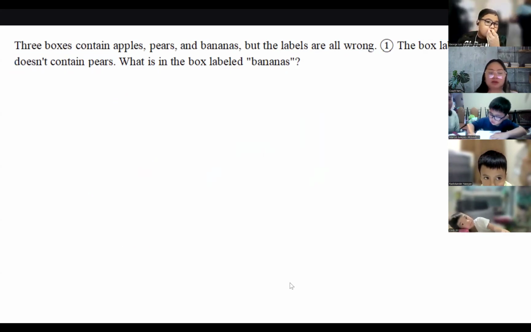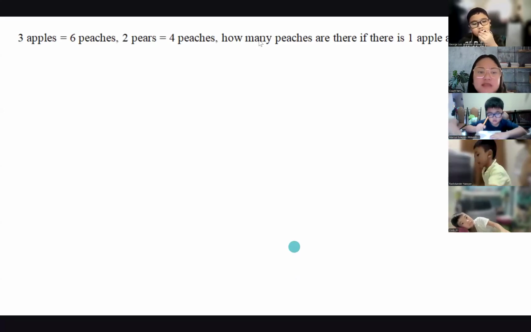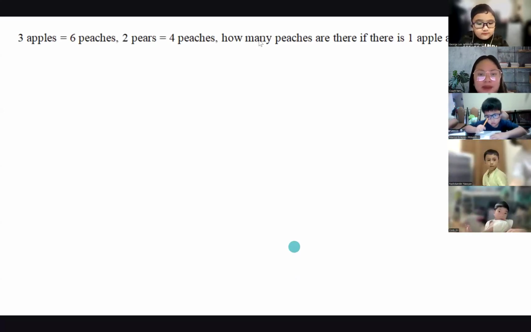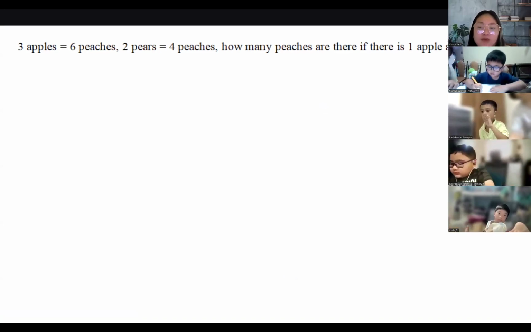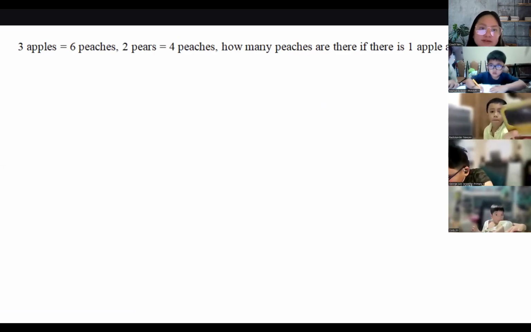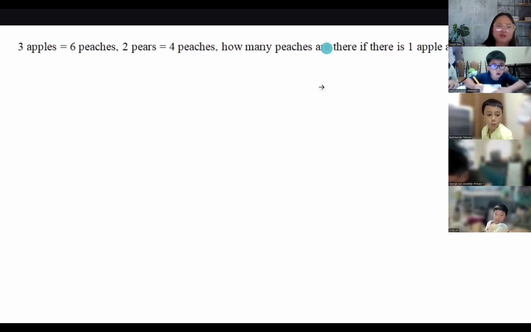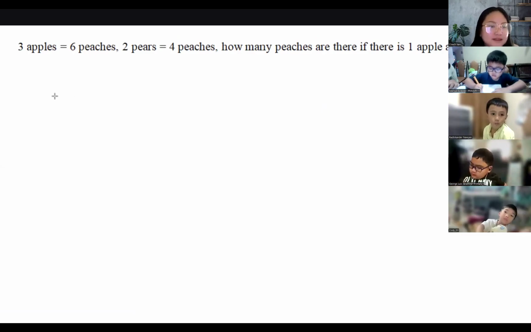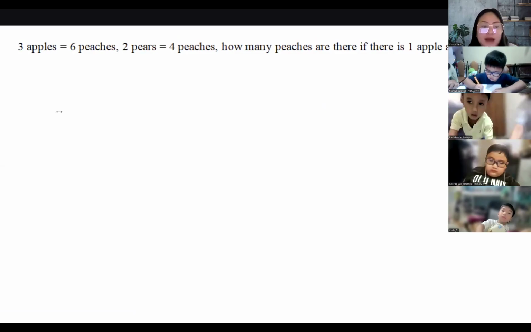All right. Let's go to this one. Three apples is equal to six peaches. Two pears is equal to four peaches. How many peaches are there if there is one apple and one pear? Okay, so let's try to draw them. Or let's just use letters. So, it says here apples.